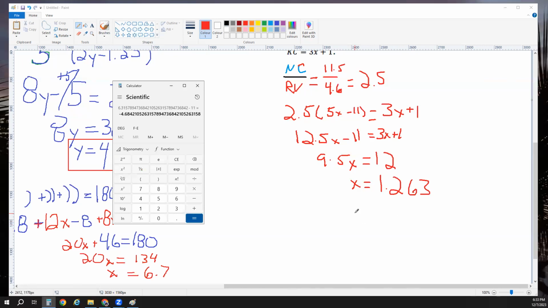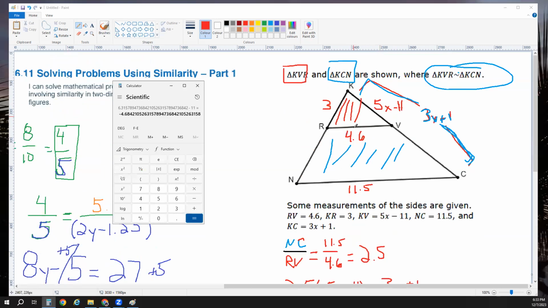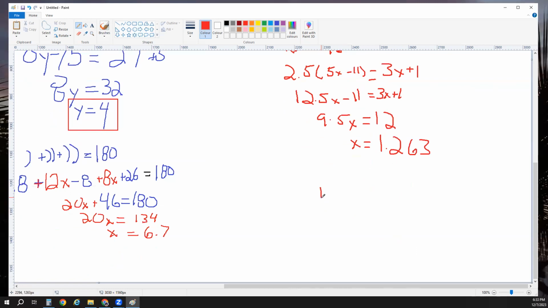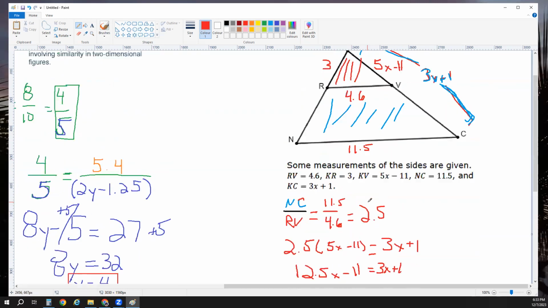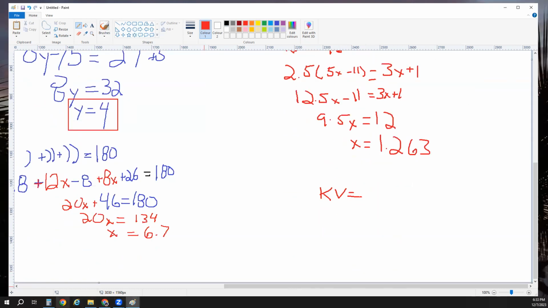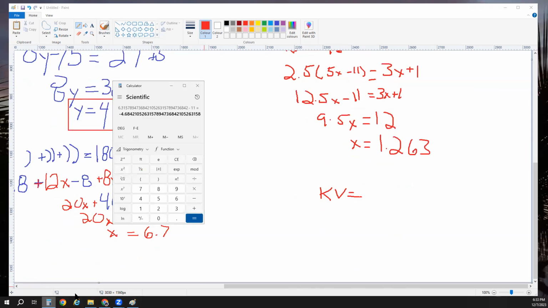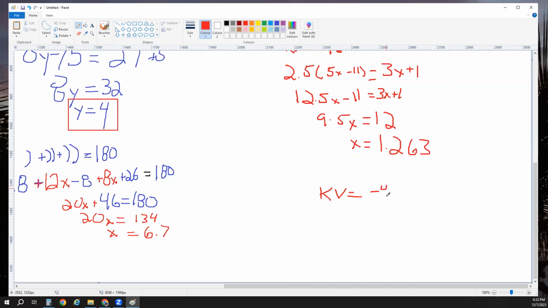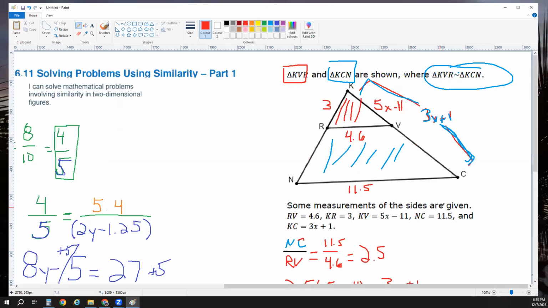And that means that KV should equal negative 4.68. Negative 4.68.